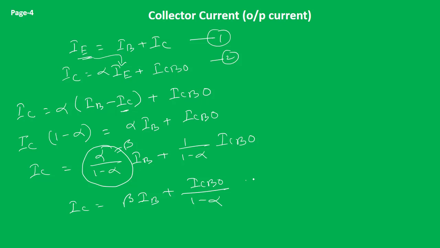So this is another important relation with respect to the common emitter configuration. This is our output current IC. Now we have seen ICEO and ICBO; how are they related? Let us try to find that.